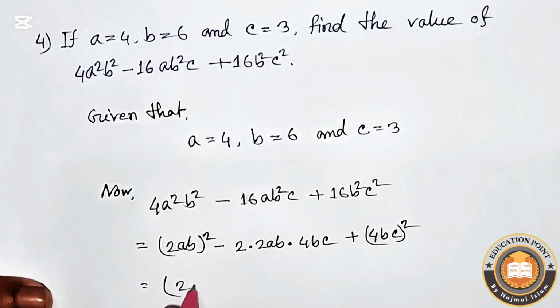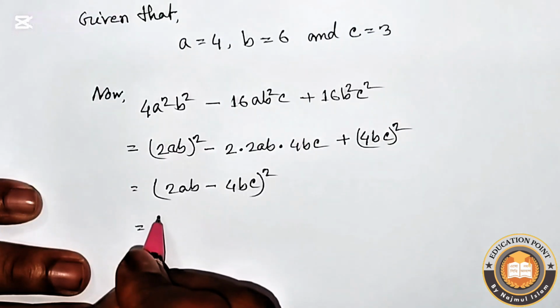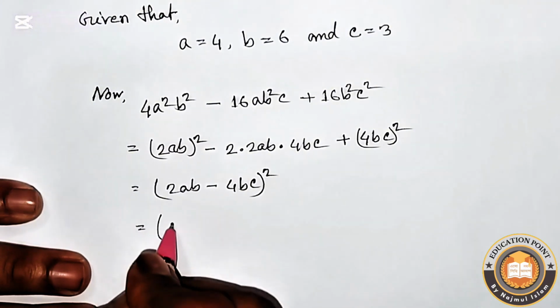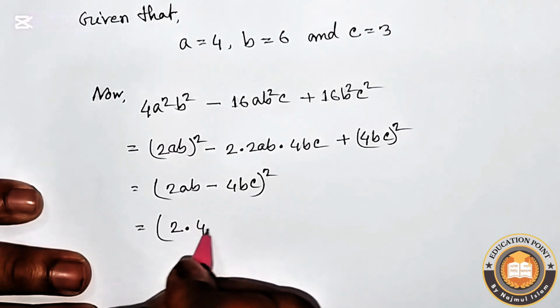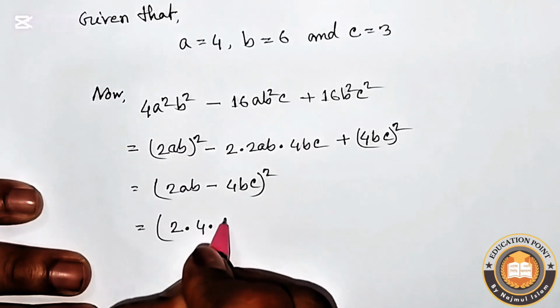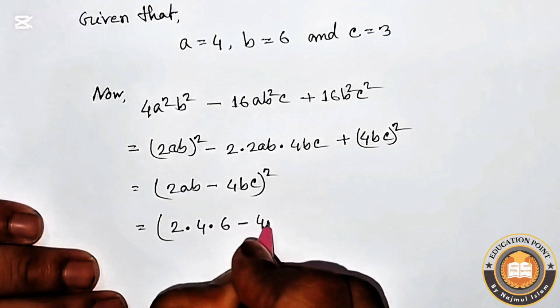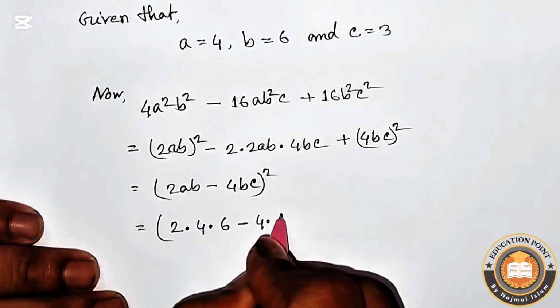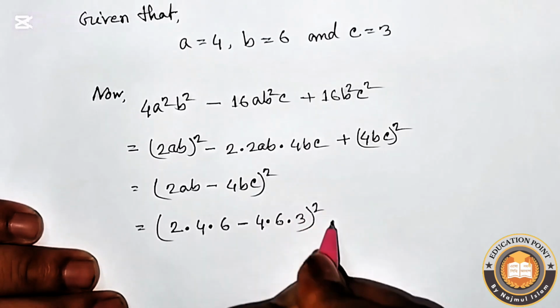Here a means 2ab, b means 4bc, whole square. Now putting the values of a, b and c: (2 into value of a equals 4 into value of b equals 6 minus 4 into value of b equals 6 into value of c equals 3) whole square.